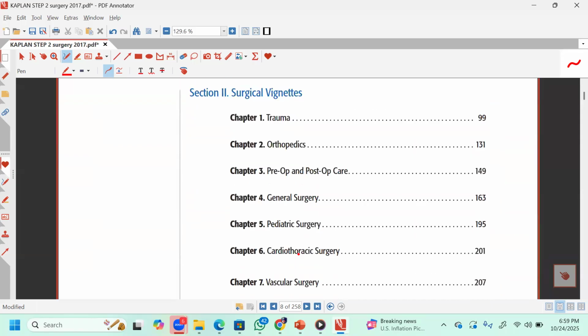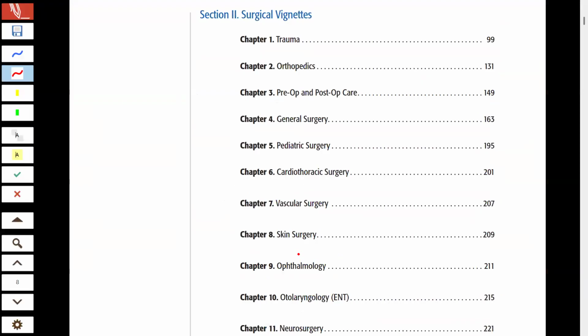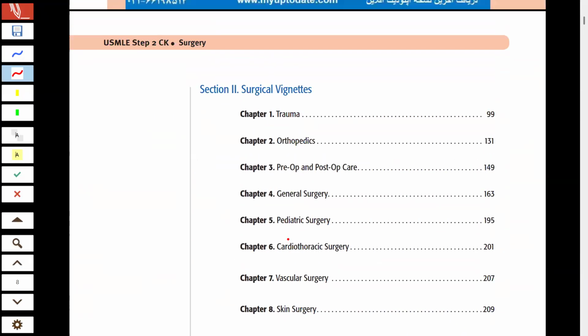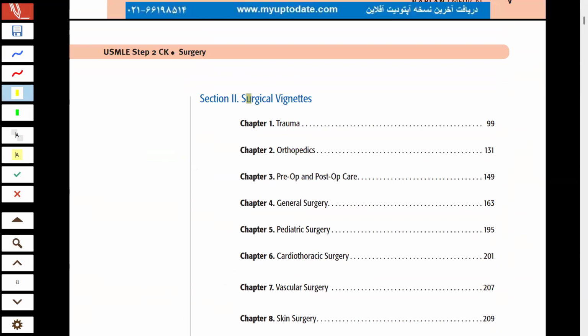Section 2 is important: surgical vignettes. After completing the chapter, you have to go through the surgical vignettes, so that you know how to apply your knowledge after theory.